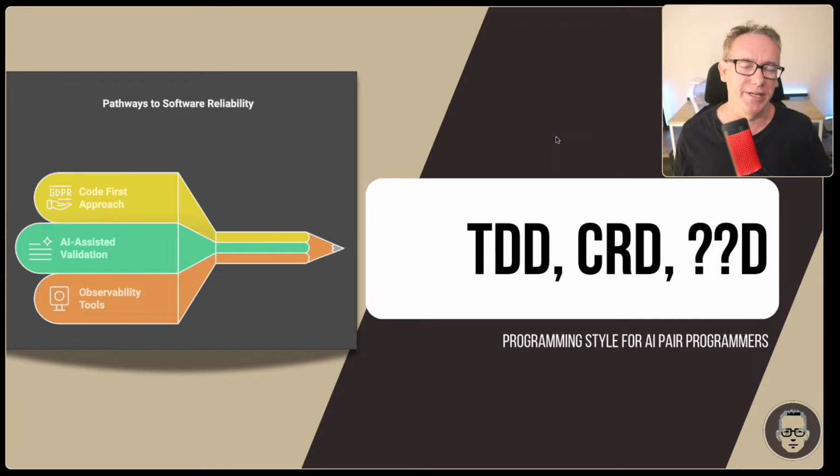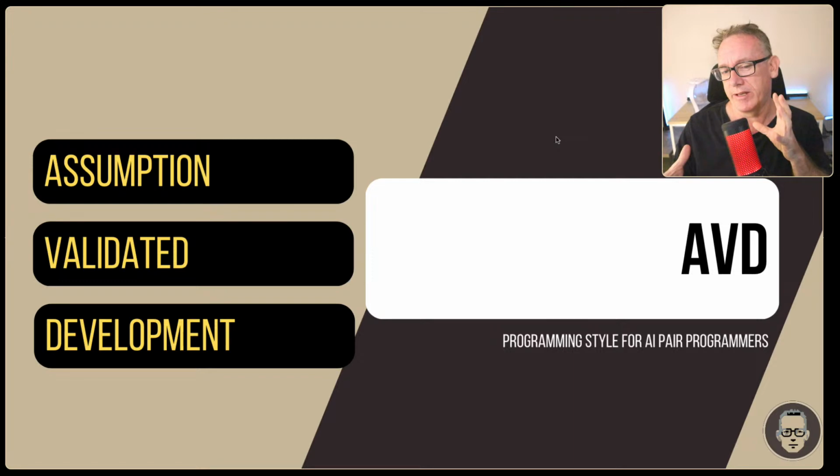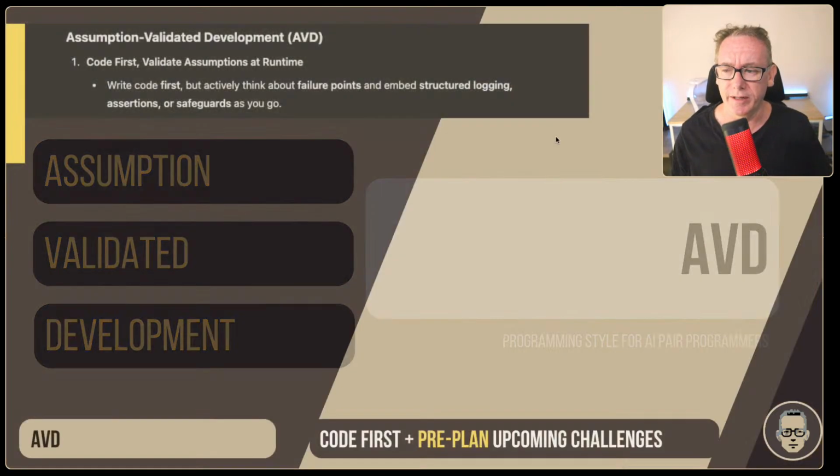So I had a conversation with ChatGPT after the last video, which was actually this one. So this is a redo at the moment. And we just came up with this idea of AVD, Assumption Validated Development. It's a technique that I'm exploring in this 30-day challenge around, are there different paradigms for coding and testing that make more sense to an AI pair programmer versus a regular developer?